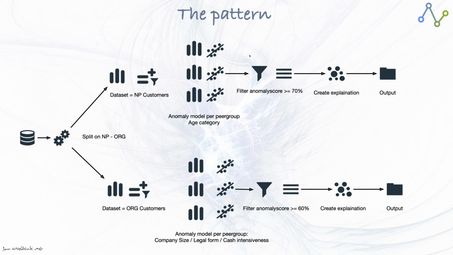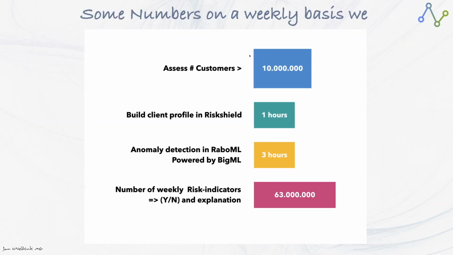And I hope BigML will come this year with a visual workflow engine, so you can do this almost drag and drop. This is what we do with our KYC and risk detection or risk rating prediction, and we create explanations because we want analysts to look at explained outcomes of the model. This is what we do.